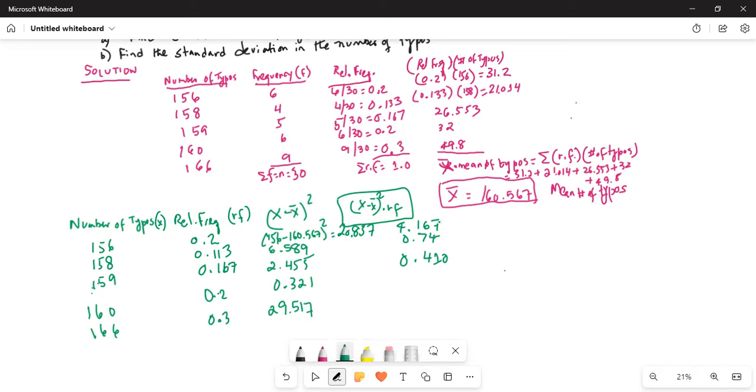Next one will be 0.321 times the relative frequency of 0.2, which is 0.0642. And then the last one will be 29.517 multiplied by the relative frequency of 0.3, which is 8.855.